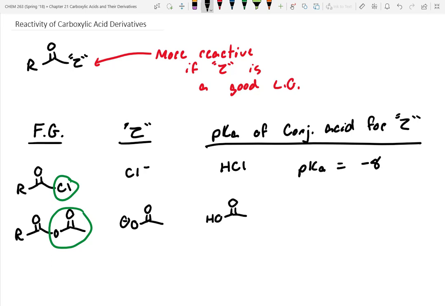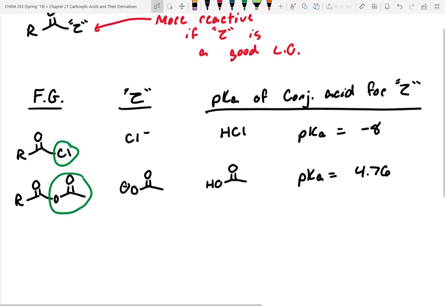It would be acetic acid in this case, and acetic acid has a pKa of about 4.76. So you can tell anhydrides are a lot less reactive than acid halides. Acid halides are the king of carboxylic acid derivatives.